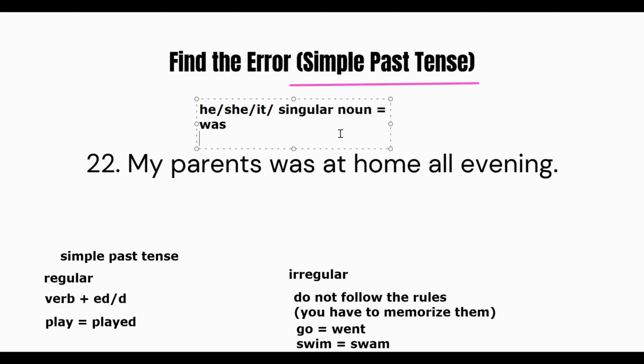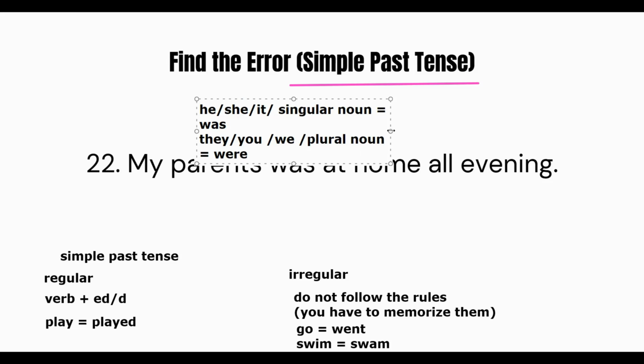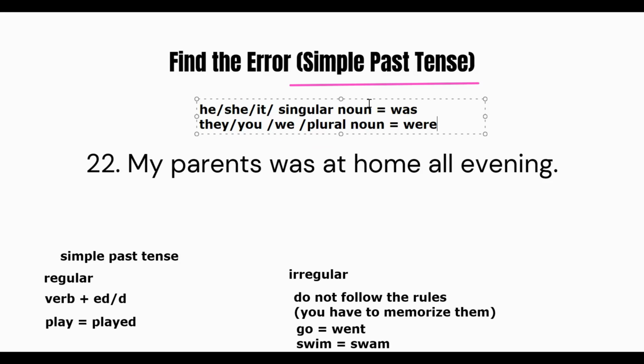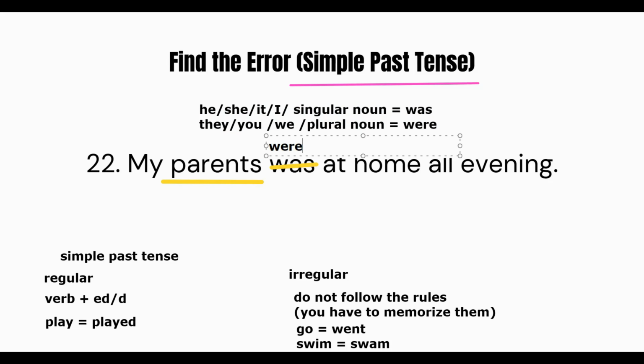But when your subjects are they or you or we or a plural noun, then we would have to use the word were. Oh, at the top with was, we should also add I to the mix. Okay. So my parents was at home all evening. My parents is a plural noun, so we have to change the word was, and we would have to say were. My parents were at home all evening.